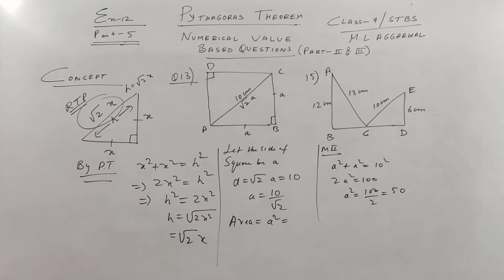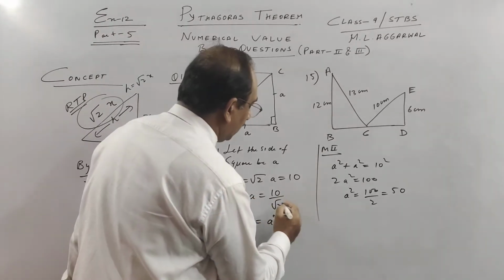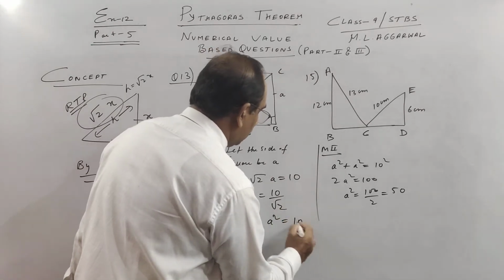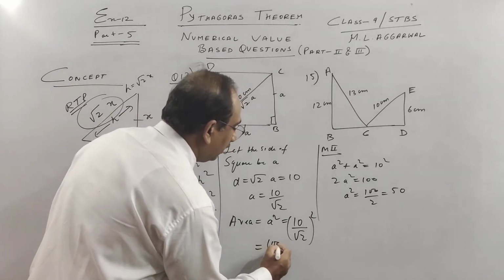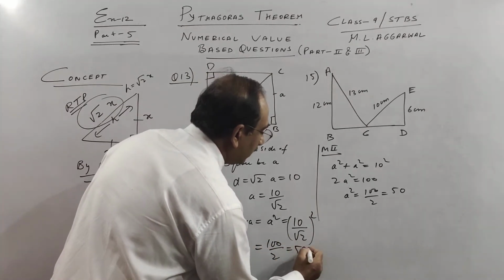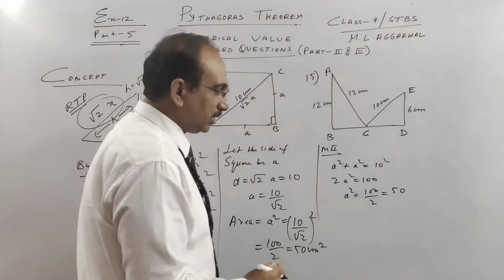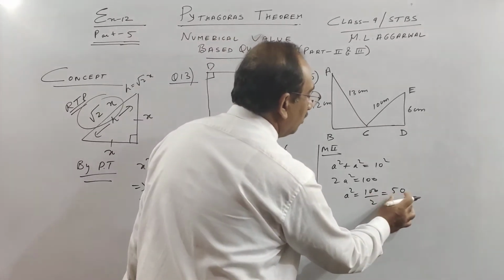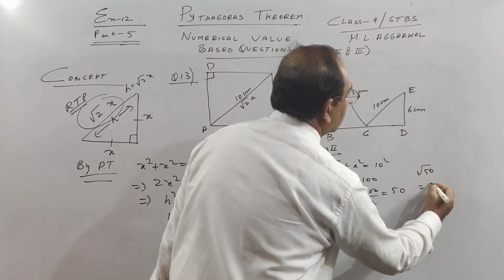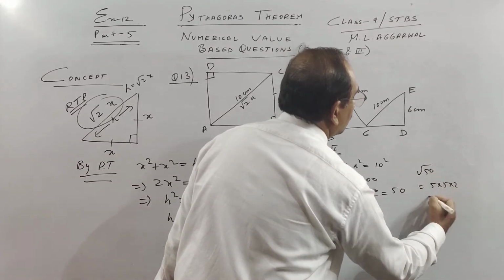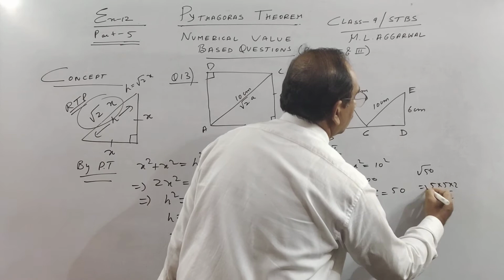See here, the area is a square. So what do we get, children? 100 by 2, 50 centimeter square. See, there are two methods, same thing you will get. In one method you get root over 50, which is 5 into 5 into 2, so this will be 5 root 2.